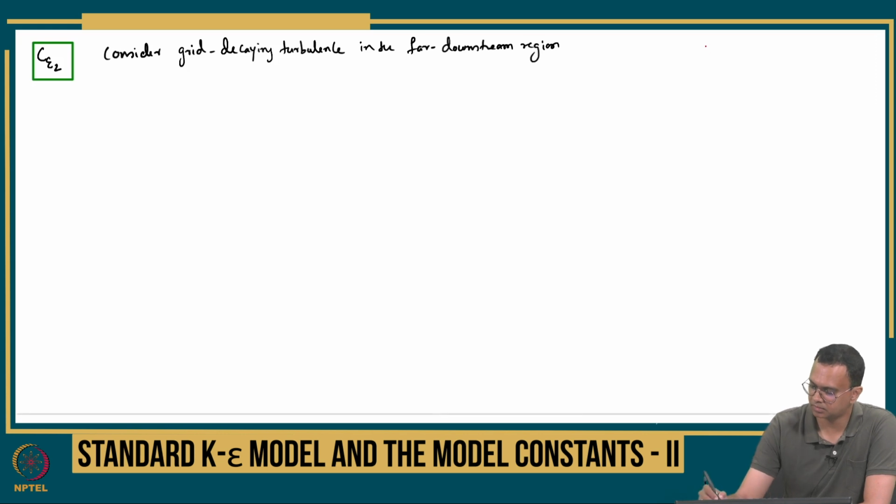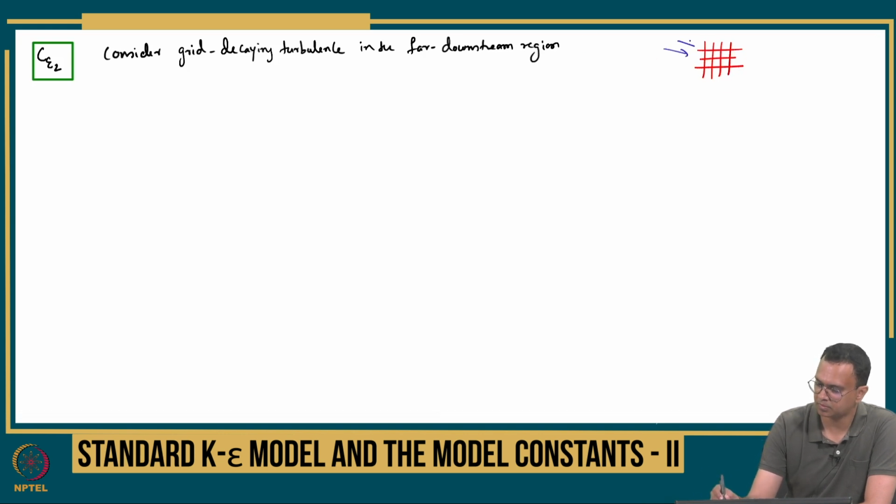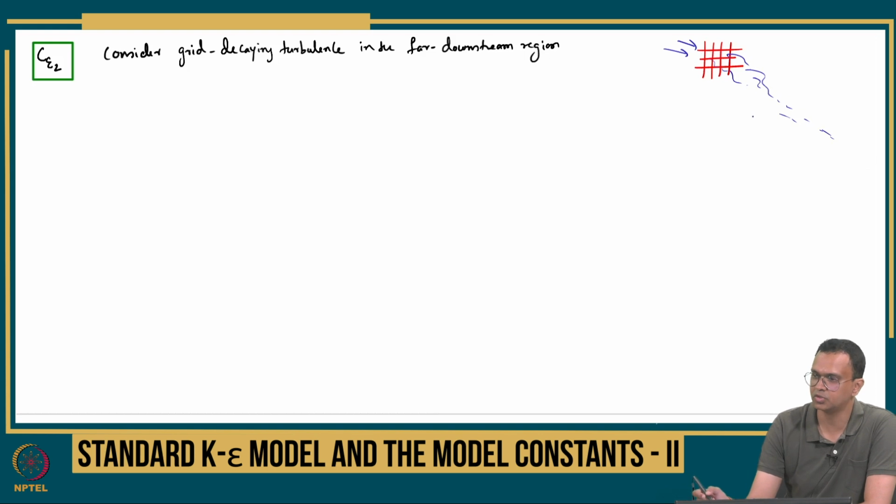If you have a mesh, some grid, and an oncoming flow passing through it, generating turbulence, it is eventually dying. So I'm going to that far downstream zone of a grid generated turbulence.